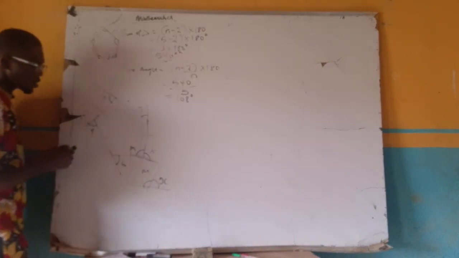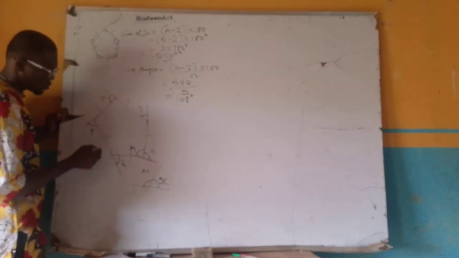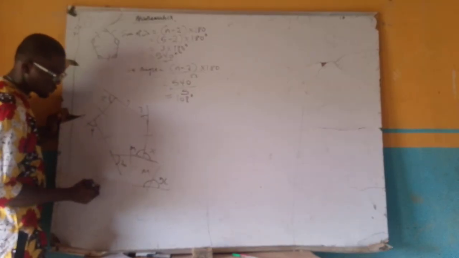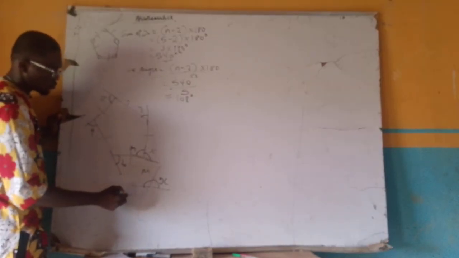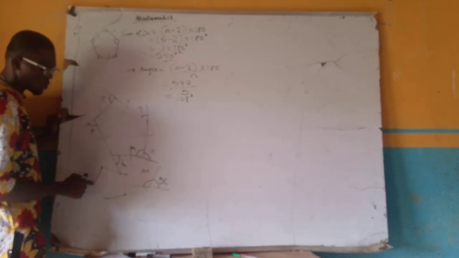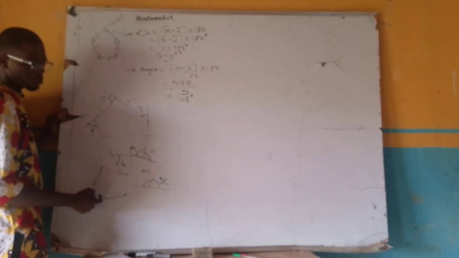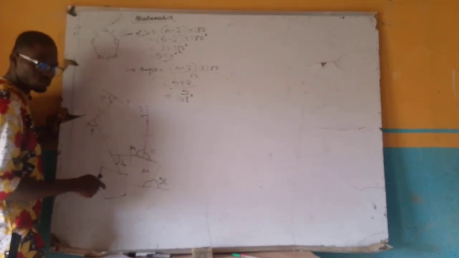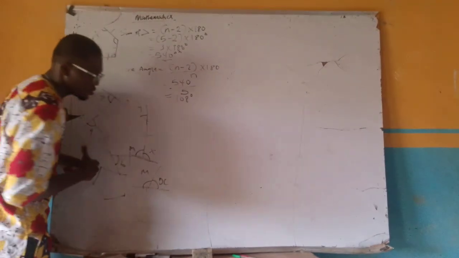It's just like a car moving. Let's say a car moves here, here, here, here, and comes back to the same place. What has it done? It has gone round. So that is 360 degrees.